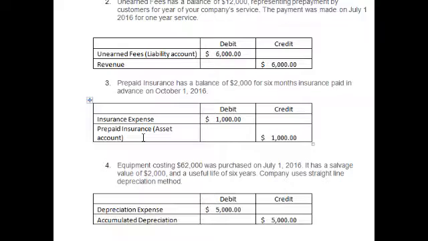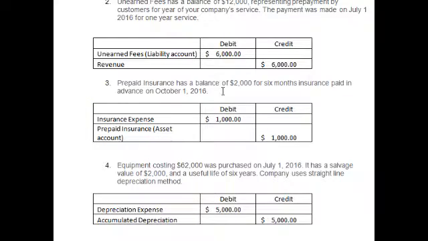Since that other company did not deliver their service or product to me yet, the cash I paid to that company is an asset account. So I made the insurance payment of $2,000 for 6 months in advance. That's an asset account for our company.